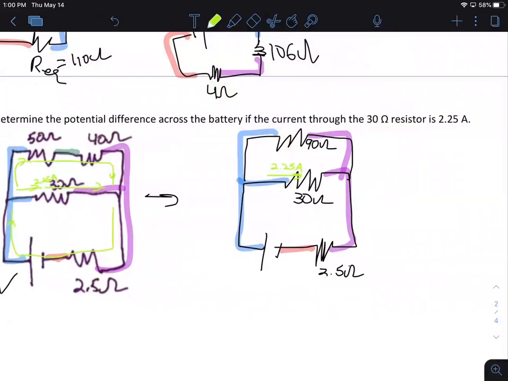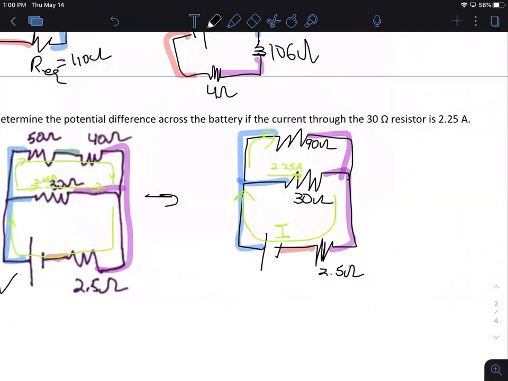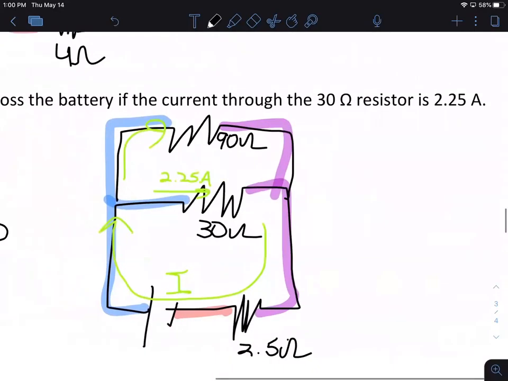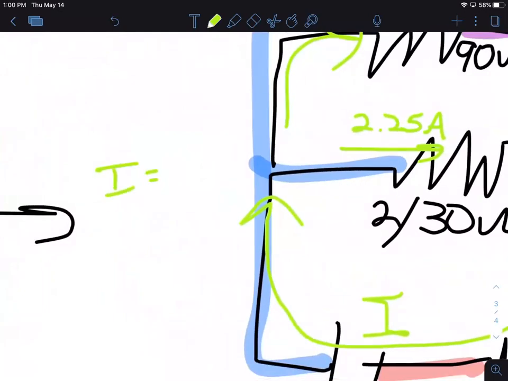All right, so I have a current going here, splitting up. Call this my I. We label these resistors now that we've put some of them together. Let's just call them 1, 2, and 3. Then we can say the total I. If we look at this split right here, I is splitting into I1 and I2.